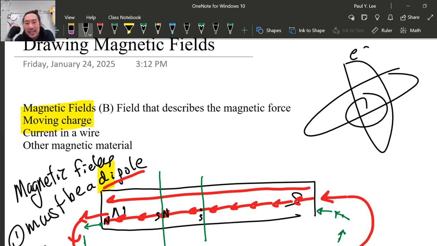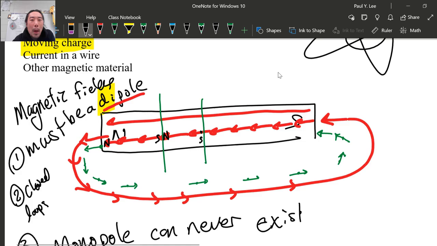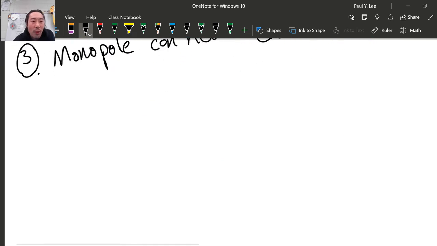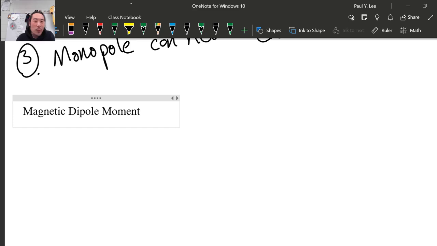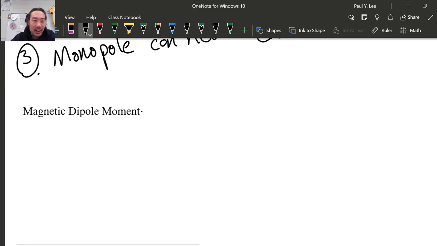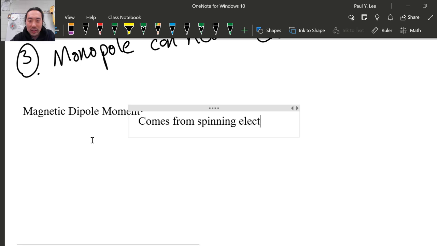So it's actually the electron that's spinning around that's creating what we call a magnetic dipole moment. I'm going to type this out. Magnetic dipole moment. Okay, and so this magnetic dipole moment comes from spinning electrons.